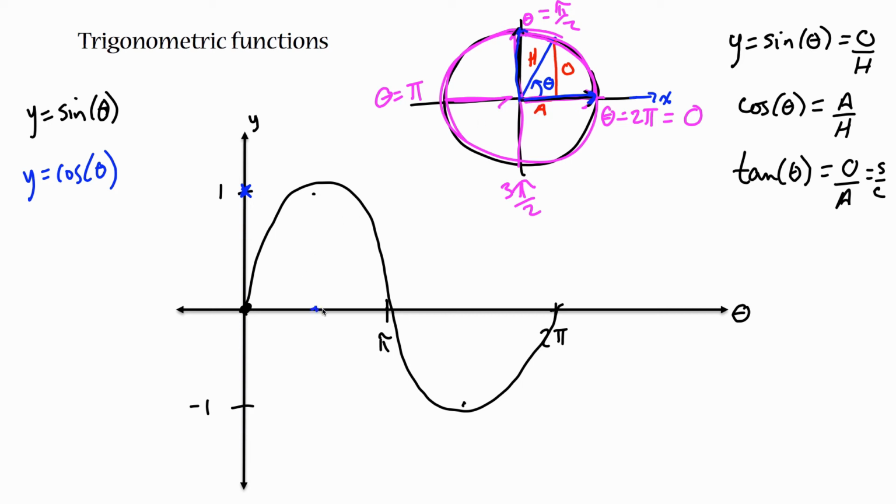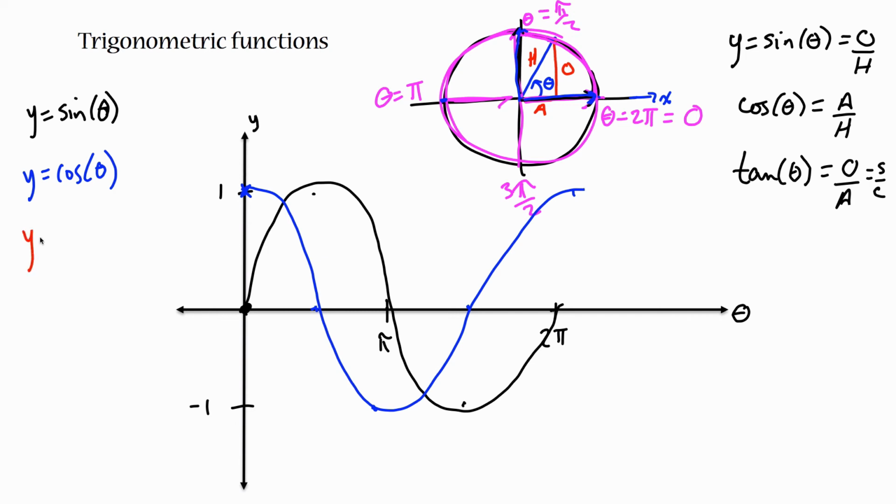Go through 0. Over here at pi, we're going to be negative 1. 3 pi over 2, we hit 0 again, and then back to 2 pi at 1. So cosine starts at 1, goes down. I had a teacher who used to always tell me that it was snaky sine and a cup of cos, for what it's worth.